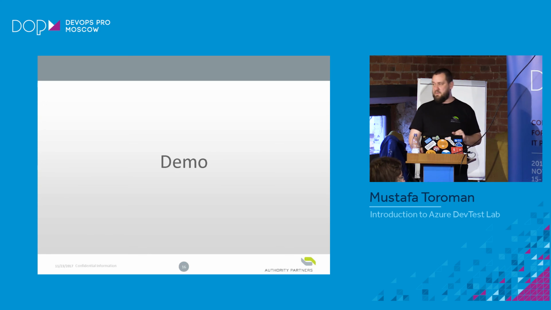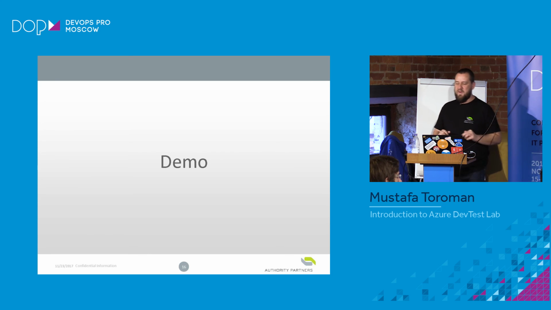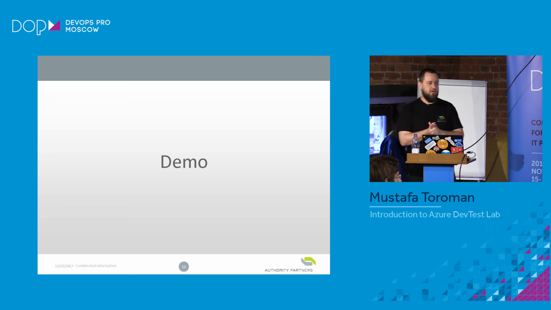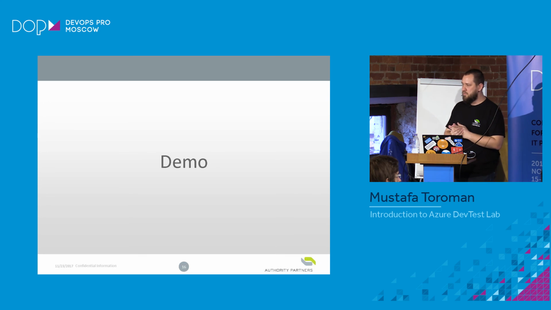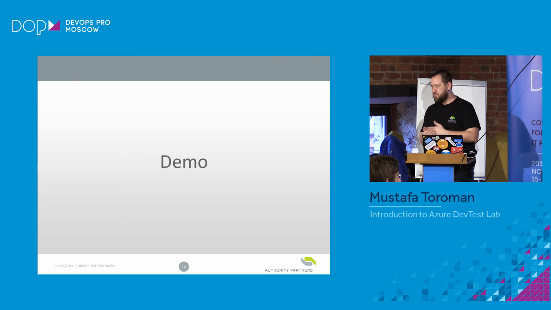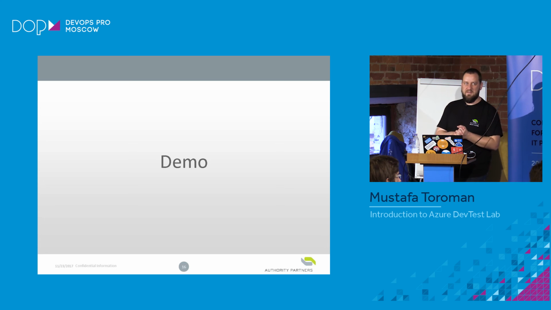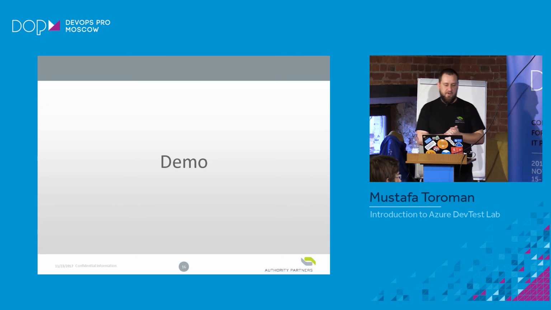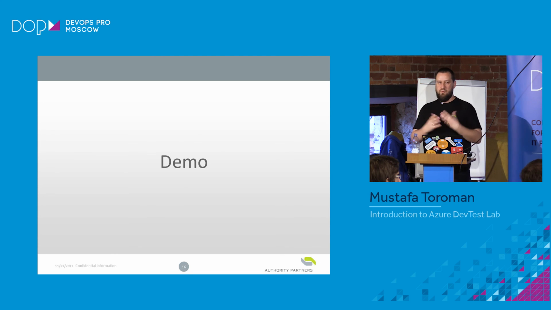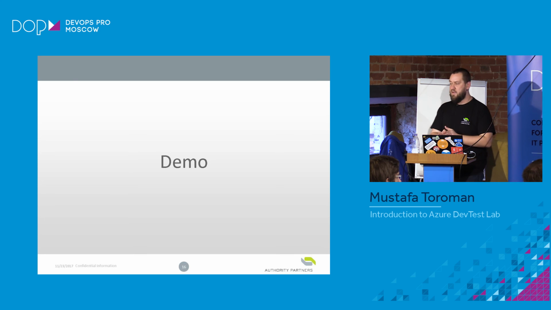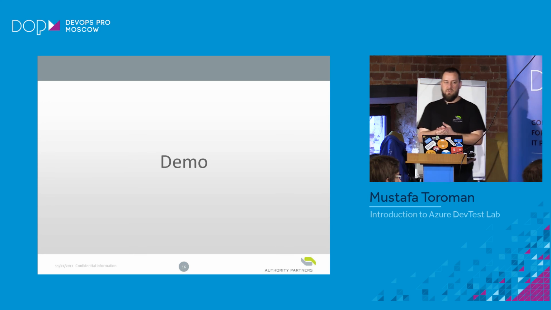Another option is a custom image that you can create from VHDs. For example, if you have some kind of test environment at the moment running on a classic Azure subscription, not in DevTest, and as I said, DevTest is much cheaper than a production environment, you have the option to take that VHD from your current testing or dev environment, import it here, and create images based on that.